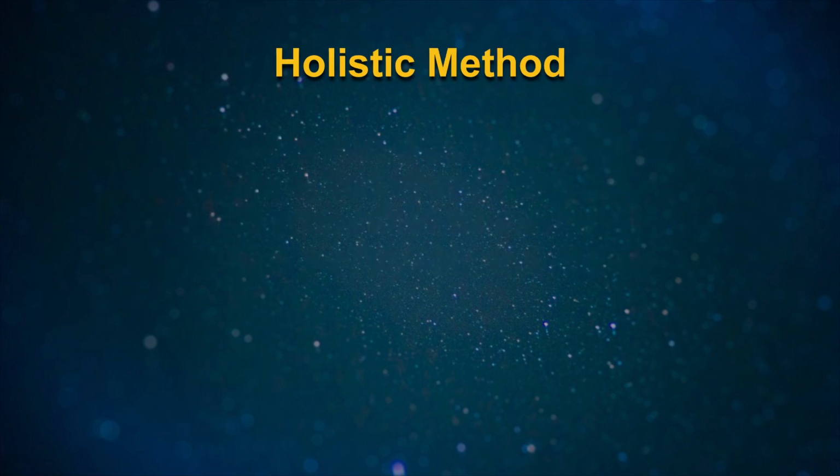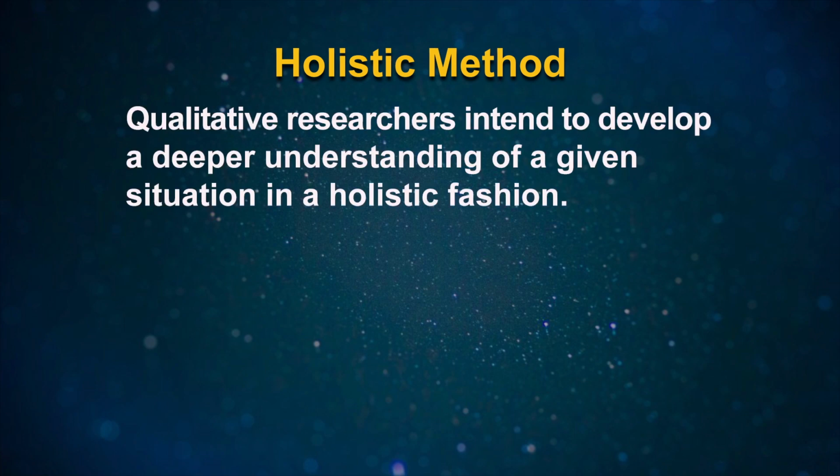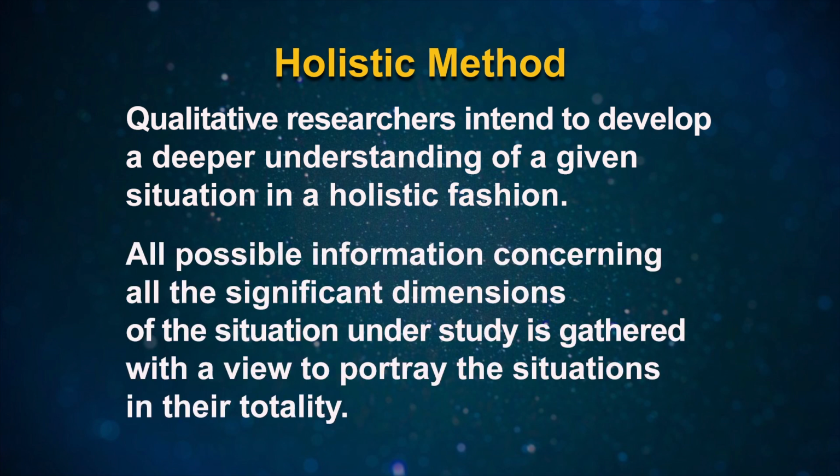Third characteristic, holistic method. Qualitative research intends to develop a deeper understanding of the given situation in a holistic fashion. In other words, all possible information concerning all the significant dimensions of the situation under study is gathered with a view to portray the situation in its totality.